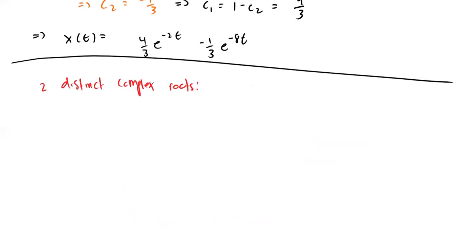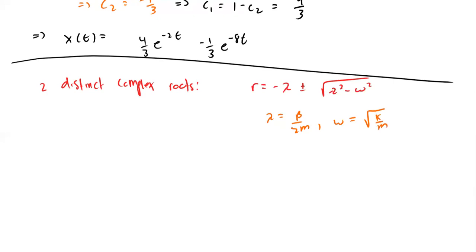Remembering that the roots look like r equals negative lambda plus or minus the square root of lambda squared minus w squared, where we know what all of this is: lambda equals beta over 2m and w equals the square root of k over m.